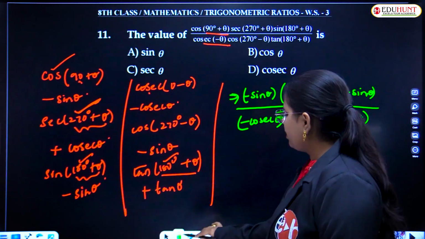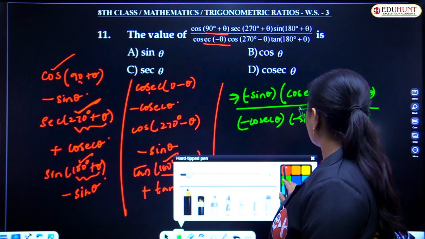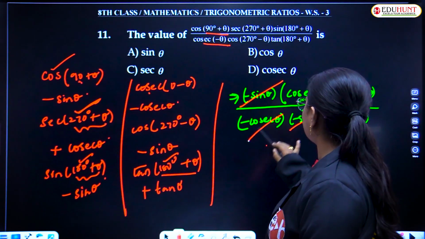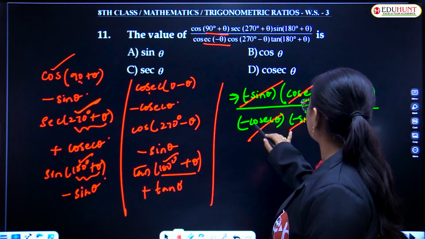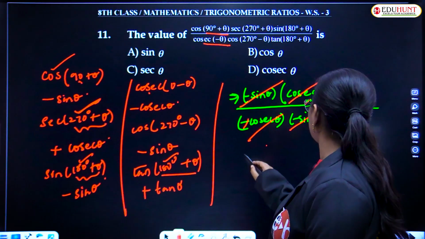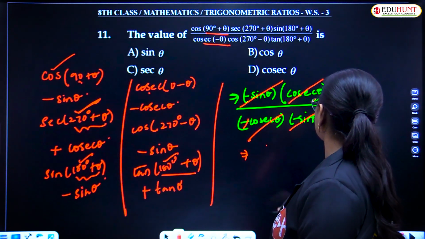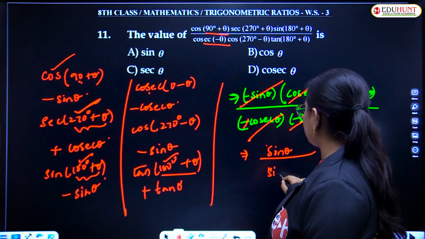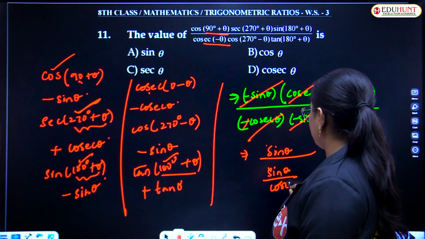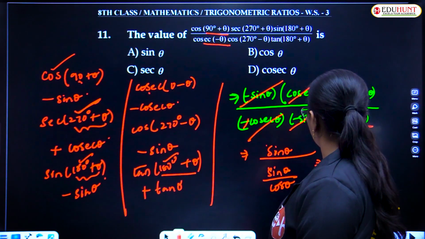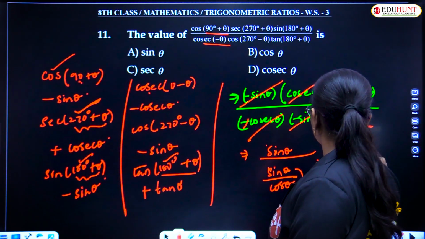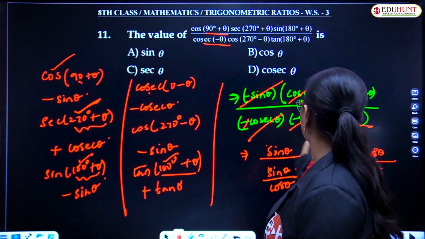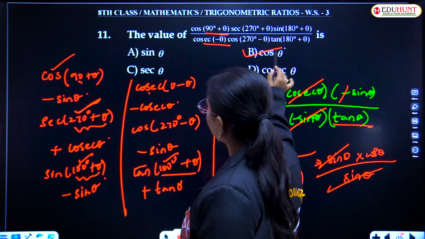Let's simplify. Minus sine theta cancels. Cosecant theta cancels. Minus minus gets cancelled. So you are left with sine theta divided by tan theta, which can be expressed as sine theta by cos theta. Taking the reciprocal, this becomes cos theta by sine theta. Cancel sine theta. You are left with cos theta, which is option B.